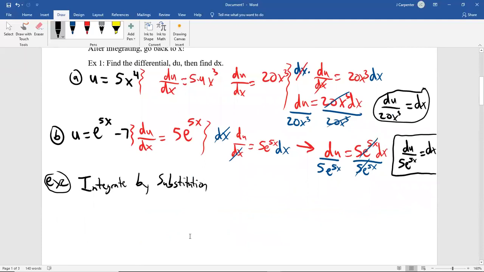Okay, so for 2a, we got the integral of (x squared plus 3) raised to the 4th power times 2x dx.